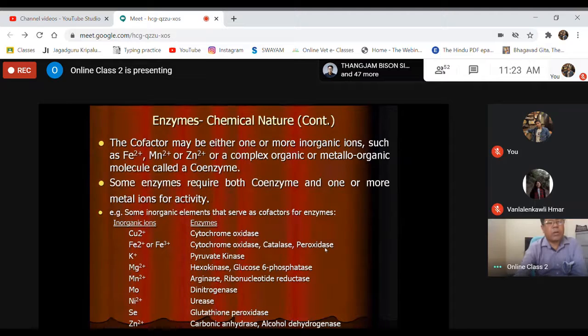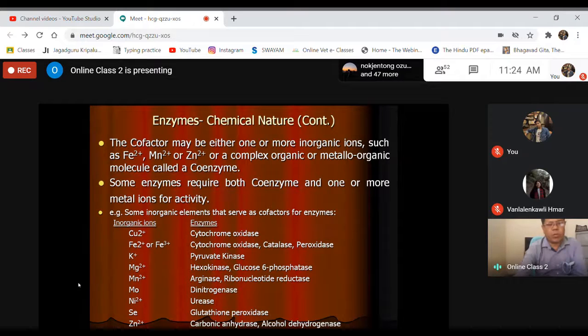Then potassium is required for pyruvate kinase. Magnesium is required for hexokinase, glucose 6-phosphatase. Manganese is required for arginase, ribonucleotide reductase. Molybdenum is required for dinitrogenase. Nickel is required for urease.